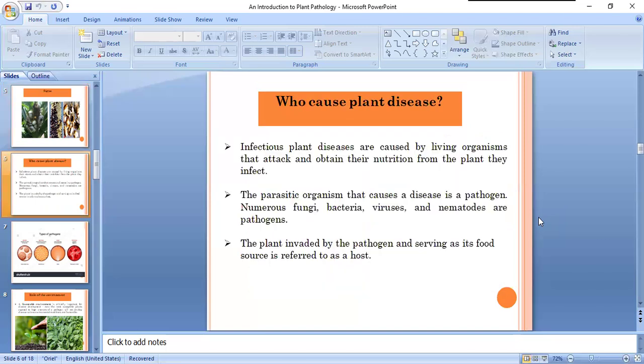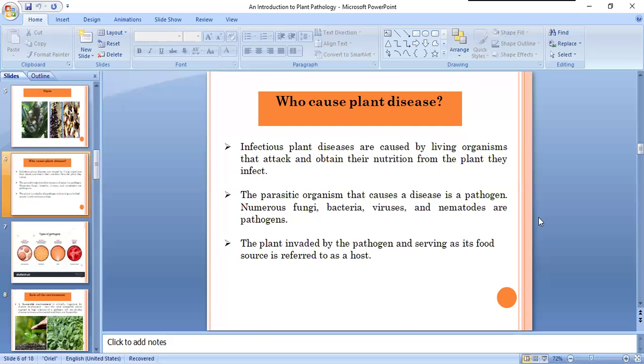So, what can cause plant diseases? Infectious plant diseases are caused by living organisms that attack and obtain their nutrition from the plants. Such types of organisms are called pathogens. It means the pathogen can cause plant diseases.